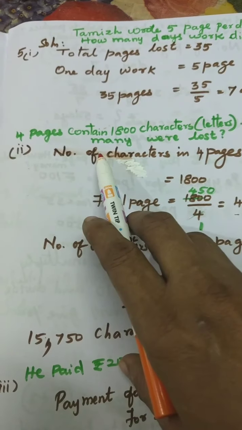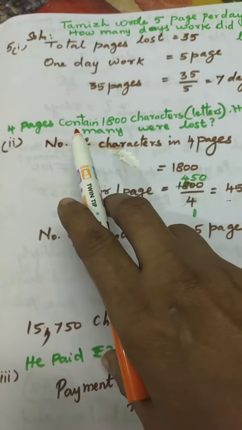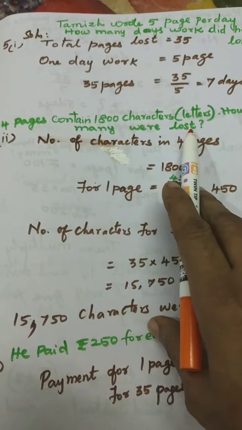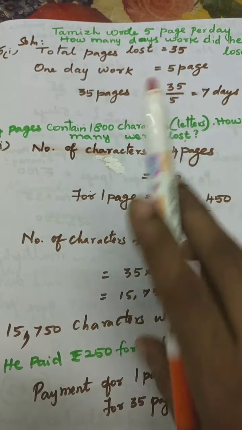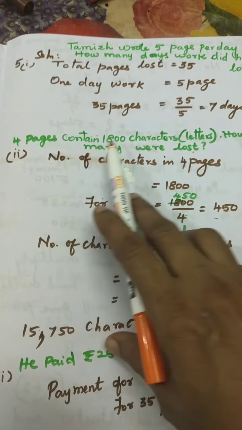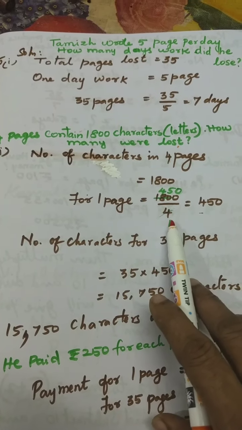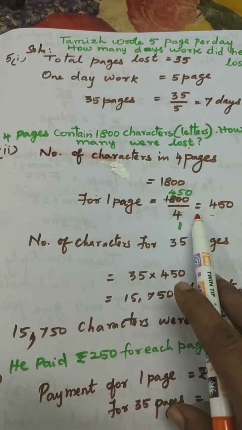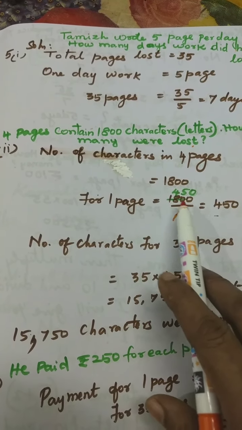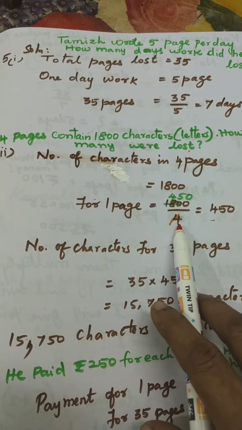4 pages contain 1800 characters, that is letters. How many were lost? Then we will see for 1 page. 4 pages, 1800 means for 1 page, 1800 divided by 4. Then 4 times 4 is 16. Again 2 remainder. 5 times 20. 4 5s are 20.